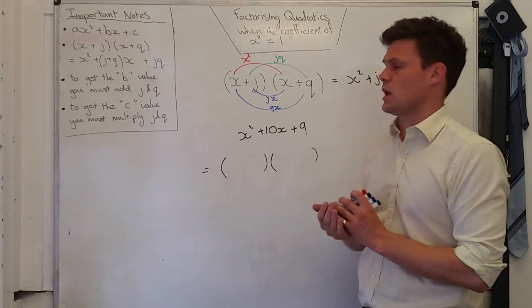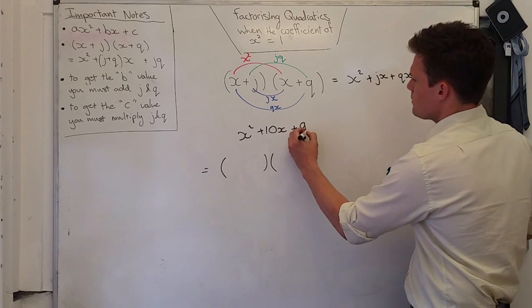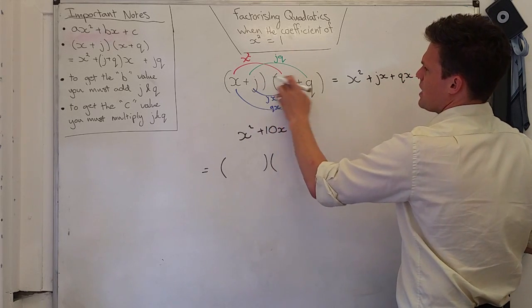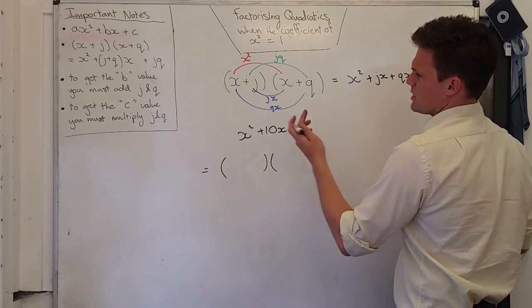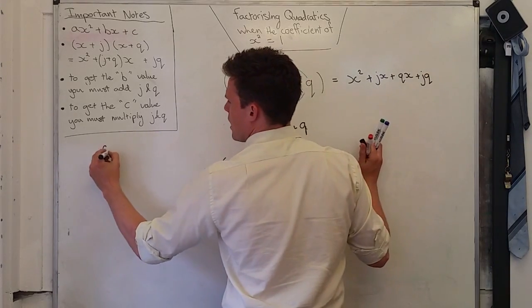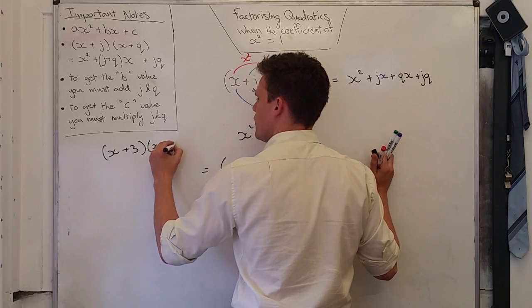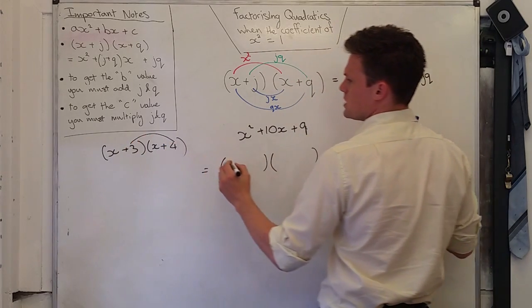And it's a little bit tricky because we've got a number of factors involved here. I've got to try and multiply these numbers together to get my 9 value. So let's say I had something like x plus 3, x plus 4. If I wanted to get the number at the end, I would multiply my two numbers together.